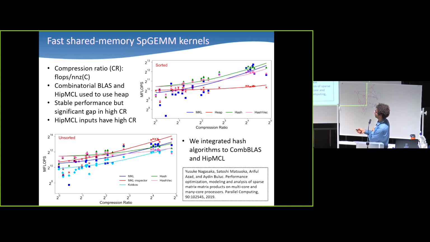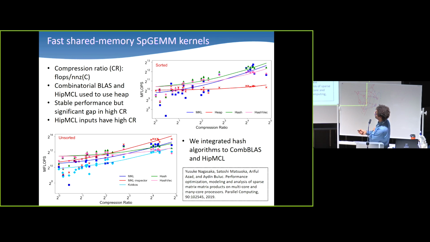So here, higher is better, and the compression ratio is on the x-axis. If you want to keep your input sorted and output sorted, it's this green line that is pretty good on the top, with the hash algorithm.